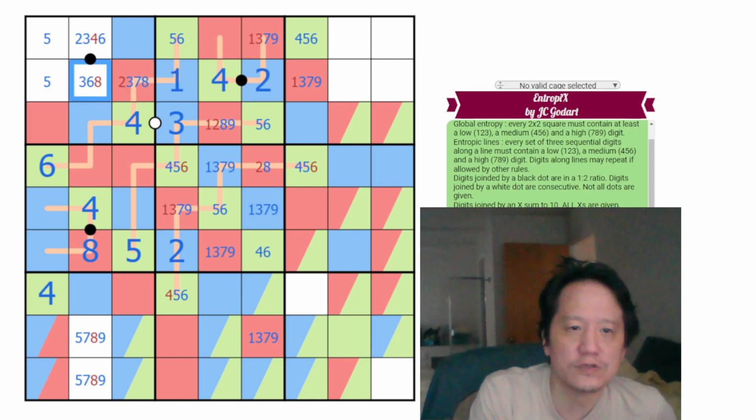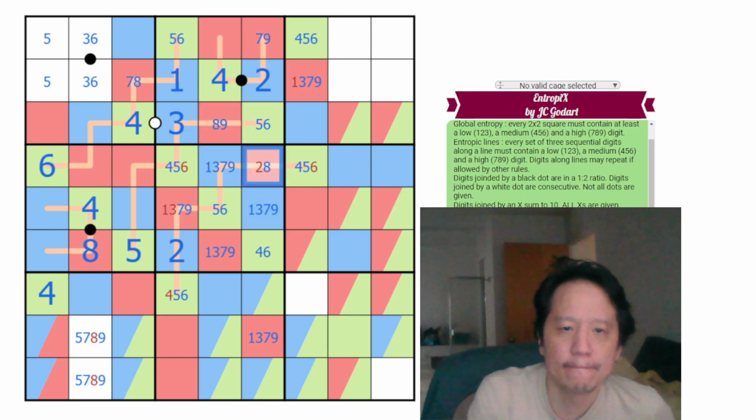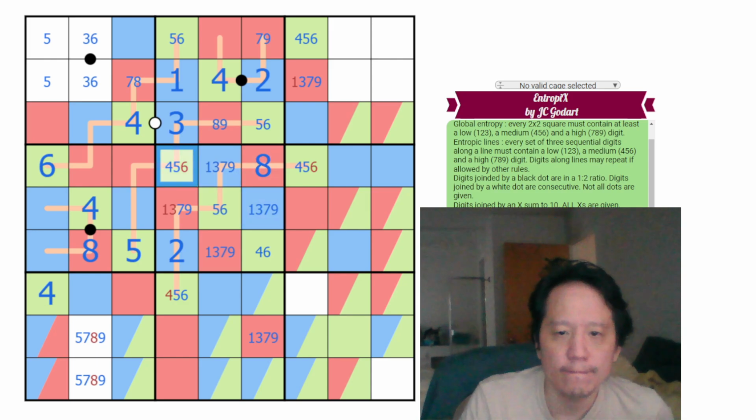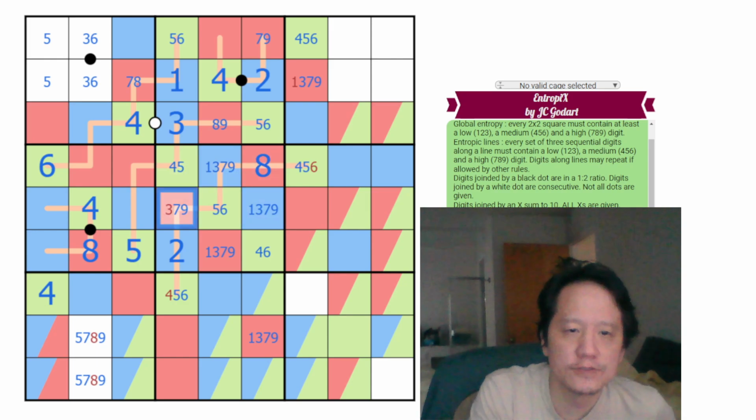So this is 3 and 6. So this is 8. No 6, no 1, 3. This is 7, 8, 9. No 1 or 3. This is 3 or 6, so this is 1 or 2. No 8. This is 1 or 2. This can't be 2, so this is 1 or 3.